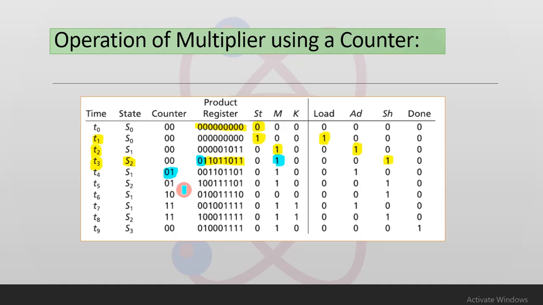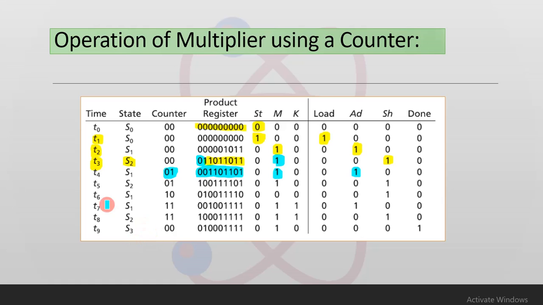So at the time t4, the counter is incremented because a clock has occurred and M will be equal to 1, so an add signal is generated. Moreover, the adder output is loaded into the accumulator at the next clock edge.